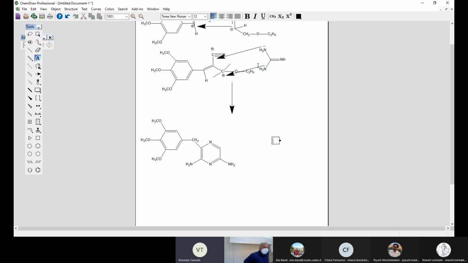So the attack of the guanidine, the first amino group on the nitrile and the second amino group on the carbon close to the methoxy group, is able to form this pyrimidine system. Okay. Just a moment. There is a mistake. The nitrogen is in this position. Okay, because you remember this is the residue of guanidine.